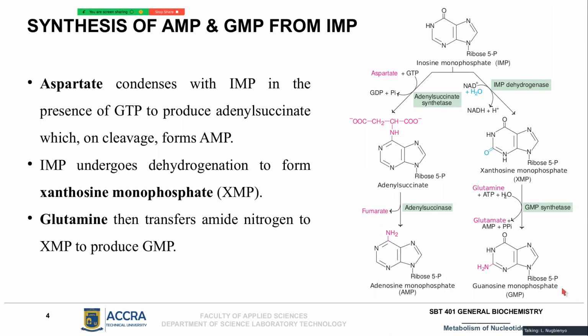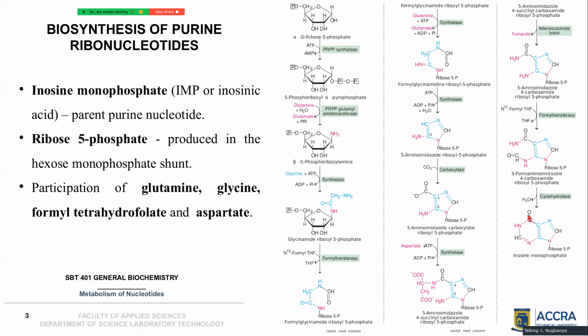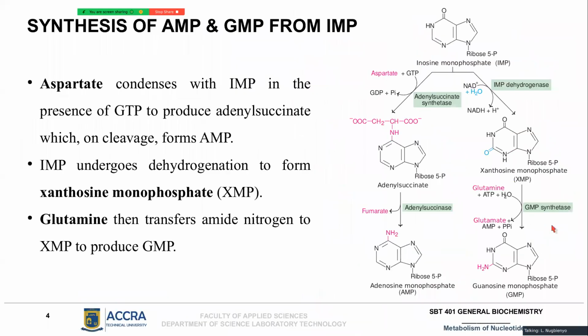We are looking currently at the synthesis of purines, and these purines are two. One is adenine, the other is guanine. So the final product, which we saw from the previous slide, was inosine monophosphate. So this is a continuation of what will happen to inosine monophosphate.